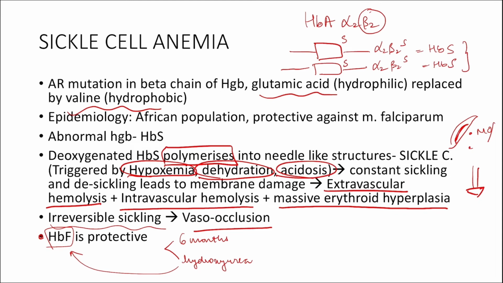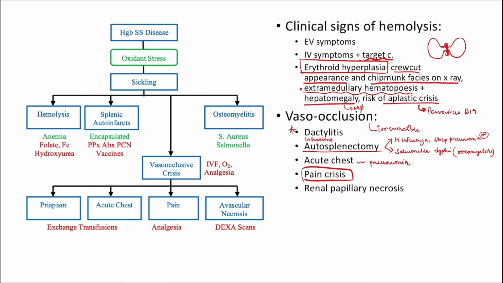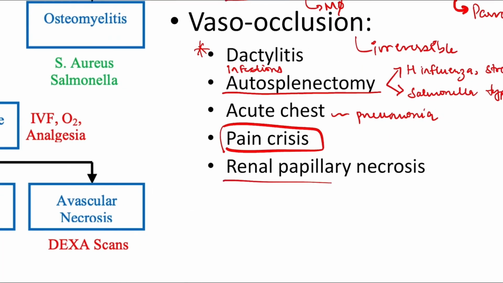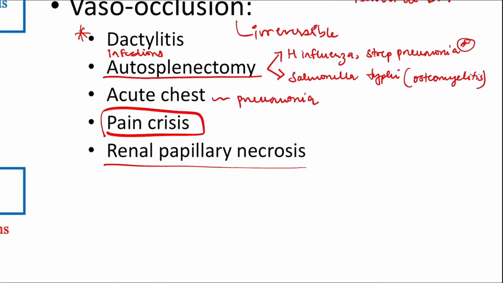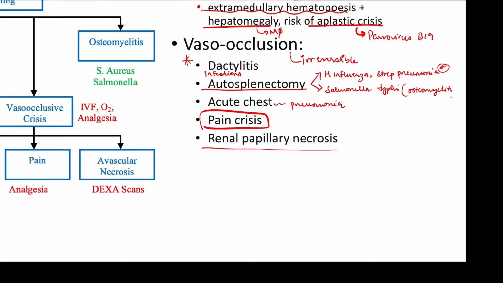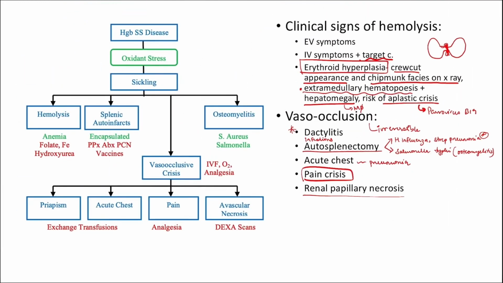These are stresses to the body which decrease the oxygen carrying capacity of the blood, and therefore the cells would be exposed to deoxygenation, which would cause them to polymerize. Pain crisis, and finally renal papillary necrosis, again end organ ischemia of the kidney, and this would present with hematuria and also some amount of loss of proteins as well. It could lead to permanent kidney damage.